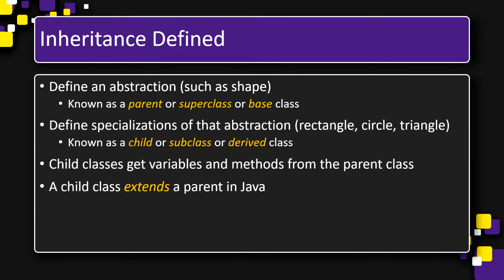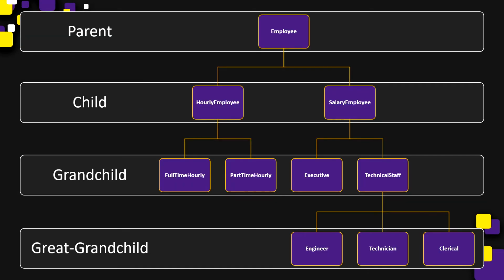So if we have an inheritance, let's say we have an employee, right? So we have an employee that's going to be our parent class. We're then going to have two children, hourly employee and a salary employee. Now, both of those are going to inherit things like receive pay or maybe their shift, things of that sort.